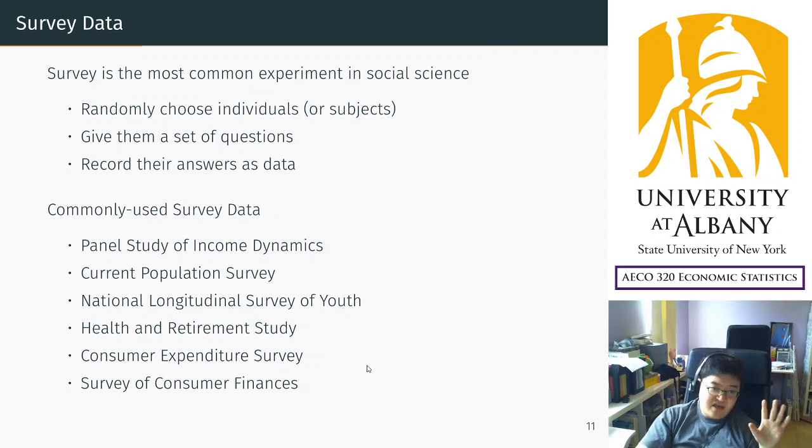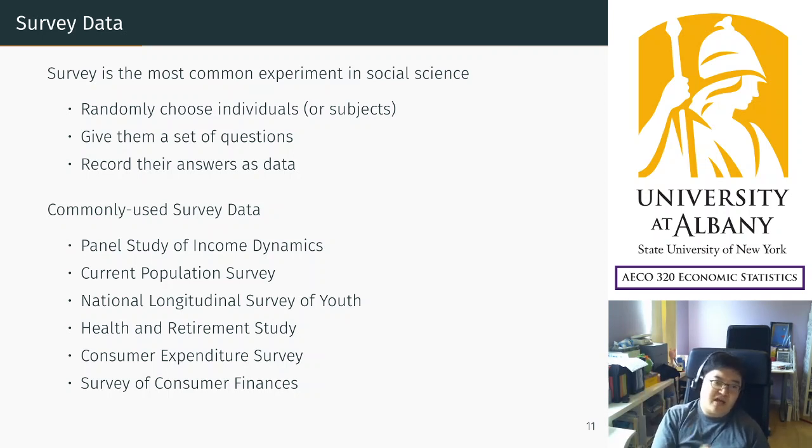So in these data, the population is everyone in the United States, or say every adult in the United States. The population can be approached by randomly choosing individuals an infinite number of times, which is impossible.